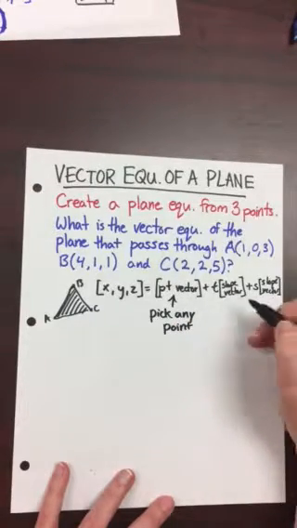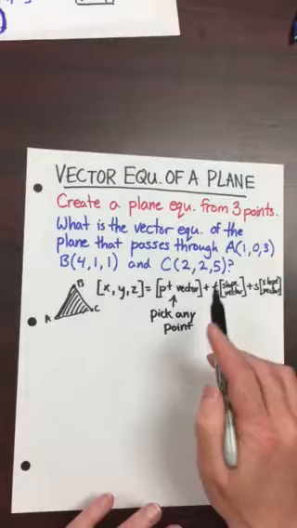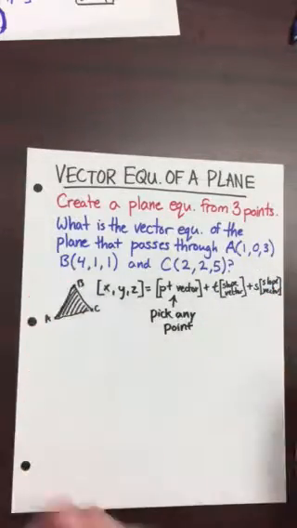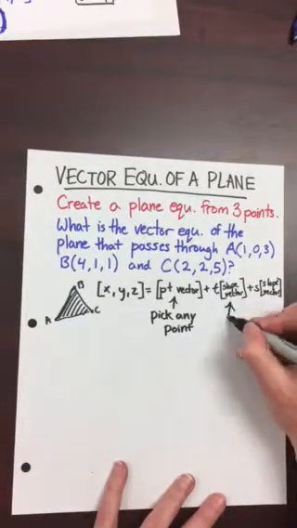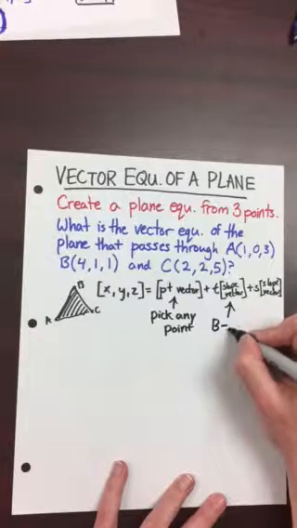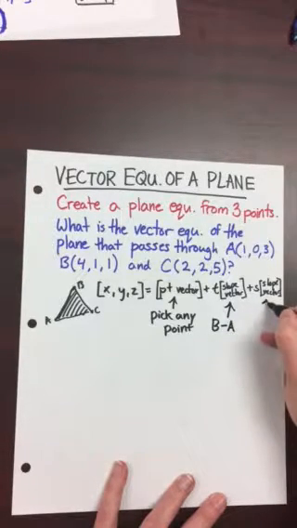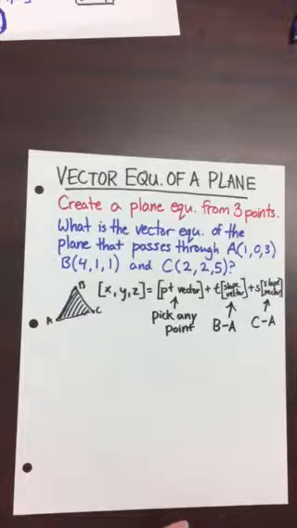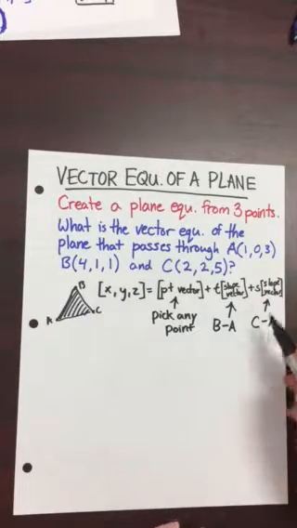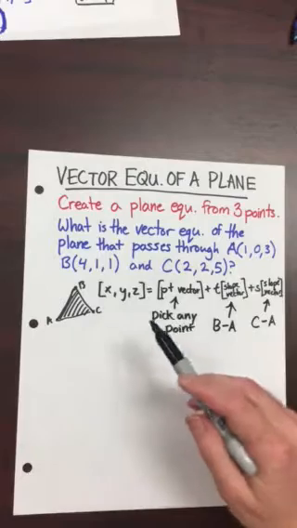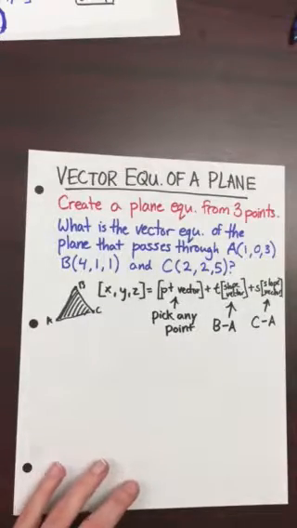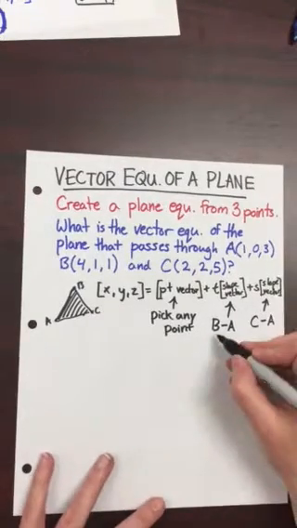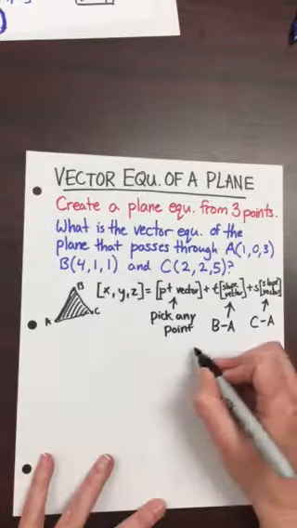For the slope vectors, all I have to do is subtract 2 different points to find a vector. So maybe this vector could be b minus a. And this vector maybe could be c minus a. They don't have to be that. You could also do maybe a minus c or b minus c. Those are all possibilities as well. Let's try figuring out then what these individual vectors are.